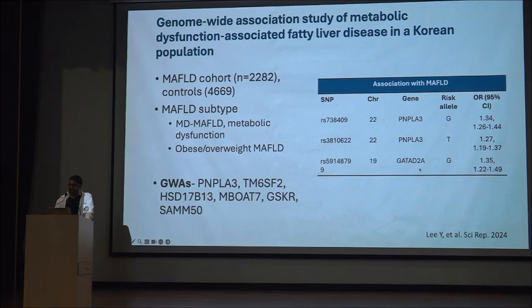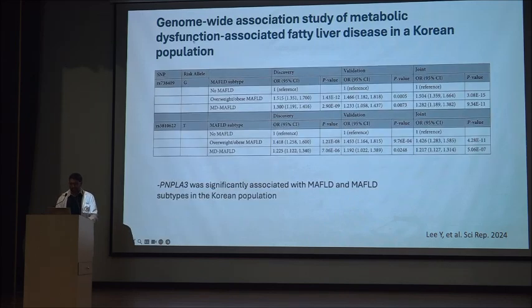And GATAD2A, a chimeric associated gene, which is usually seen in neurodegenerative disorders. They also subclassified MAFLD, and they found that PNPLA3 was significantly associated with MAFLD and MAFLD subtypes in the Korean population.